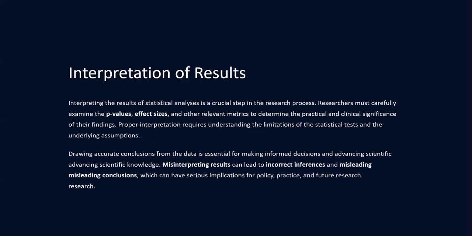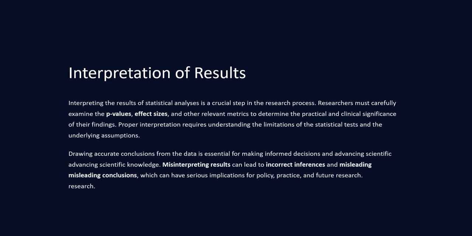In the interpretation of the result, the researcher must carefully examine the p-value, effect size, and other relevant metrics to determine the practical and clinical significance of their findings. Proper interpretation means understanding the limitations of the statistical result and the underlying assumptions.